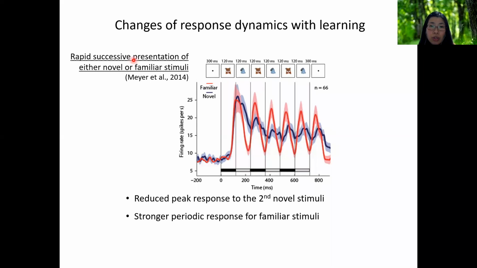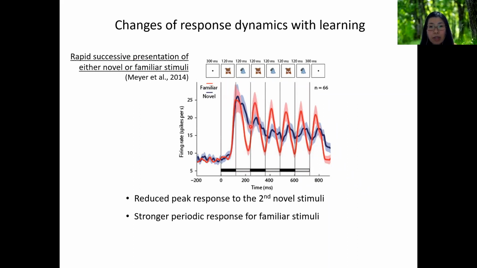To test this idea, they designed an experiment showing novel and familiar images successively, like two novel images or two familiar images, and measured the response. It shows that for the familiar images, as for the single exposure, there was a reduction of the firing. But for the second stimulus, the familiar response almost fully recovers.